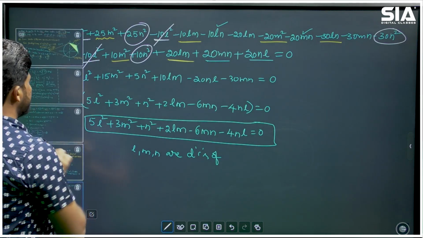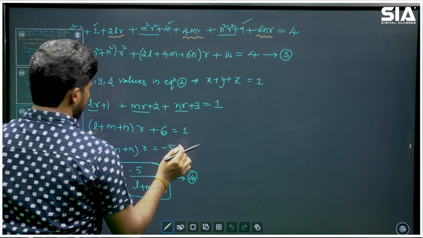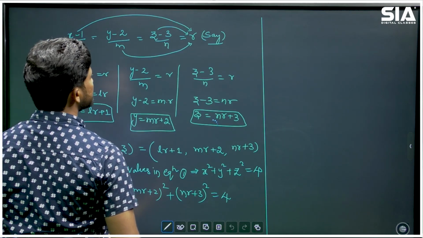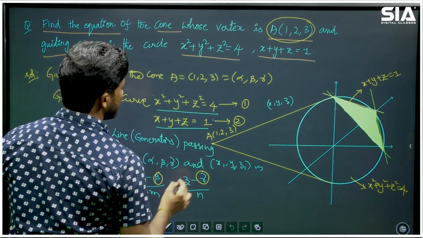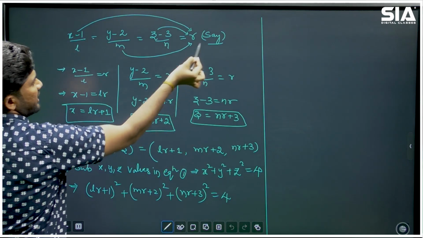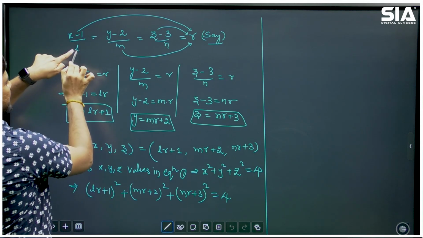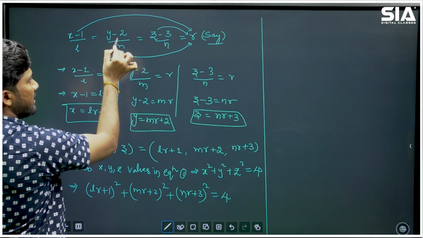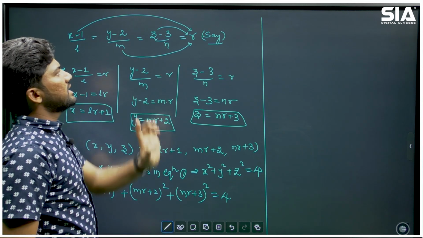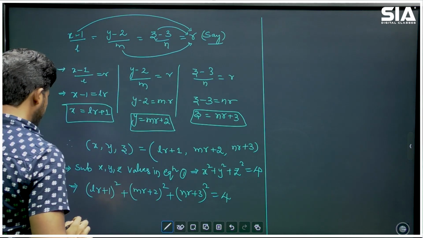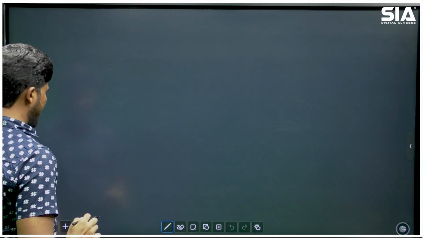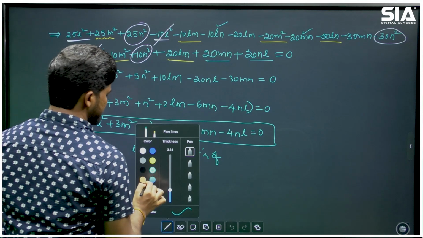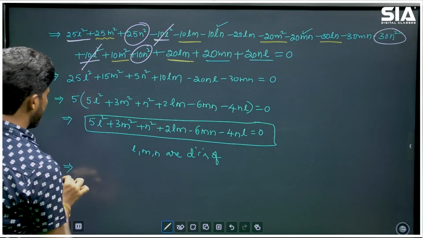From this equation, if you take small r is equal to 1, send small r value to RHS, so 1 into r l. So l is equal to x minus 1, similarly m is equal to y minus 2, similarly z minus 3. So from this equation we are substituting the values of l, m, n. Directly you can substitute those values here. Then simplify, and from that condition we will get the final solution.